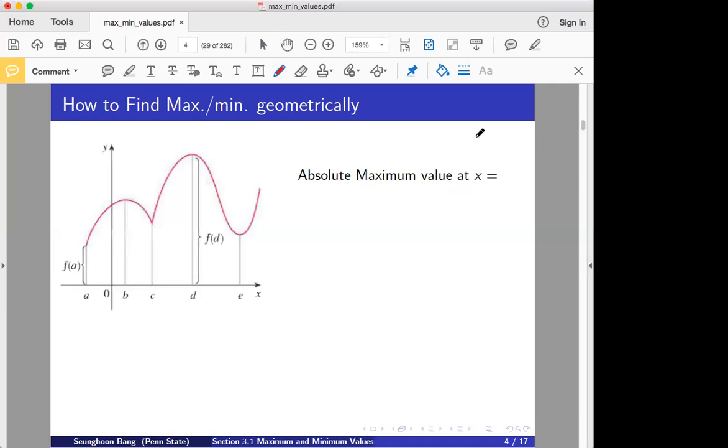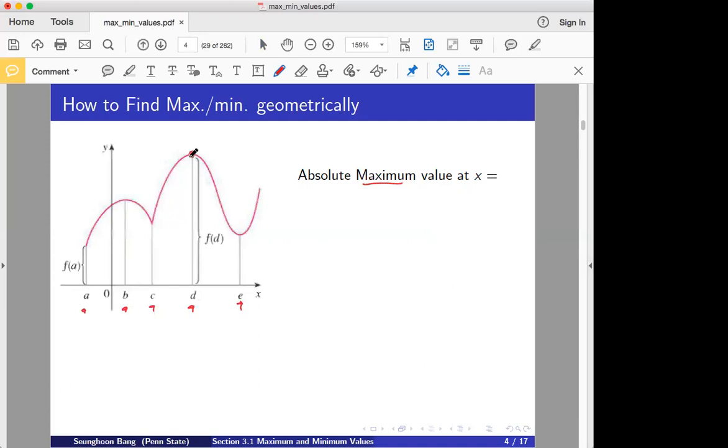We have points a, b, c, d, e given. Find the absolute maximum. At which x does f have the absolute maximum? Is it e? Yeah, it's right.